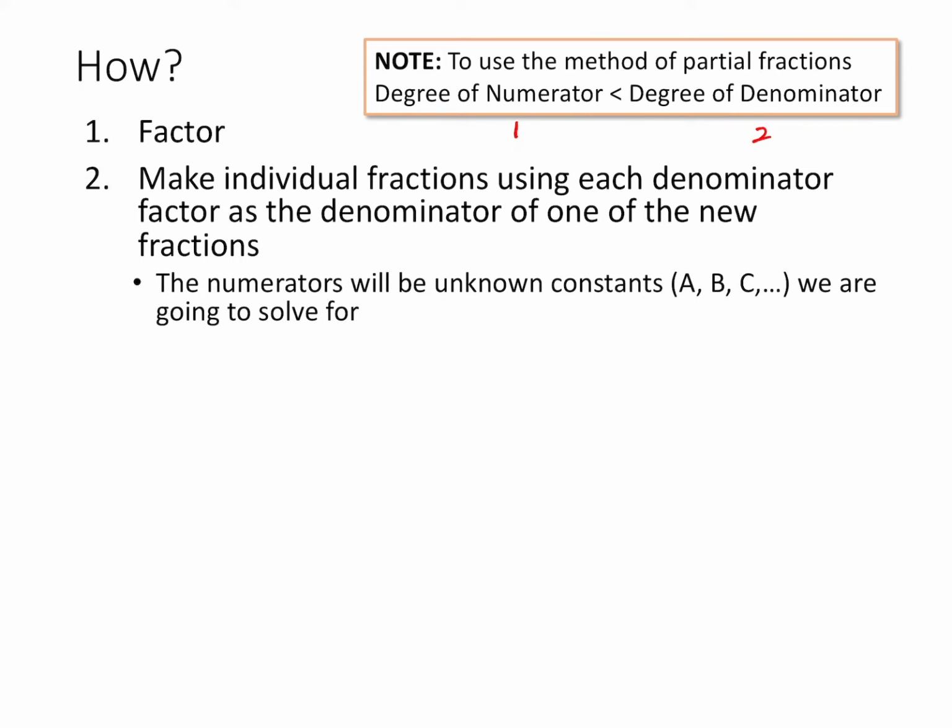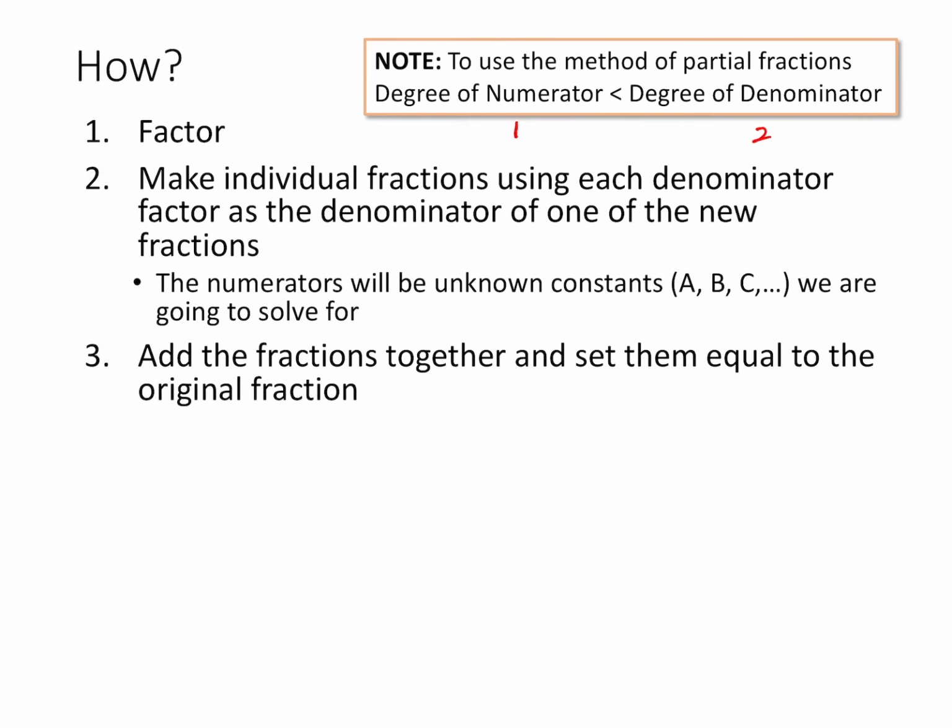The numerators for those fractions will be unknown constants, a, b, and c, that we're going to be solving for. Then we're going to take those fractions and add them together and set them equal to the original fraction.